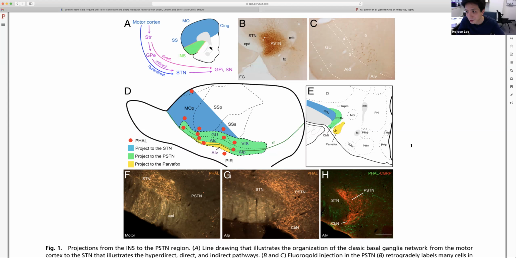Does that make sense now? Yeah, that makes sense. Okay, so then they probably sectioned the entire brain and looked at where the brown cells are that send projections to the PSTN.